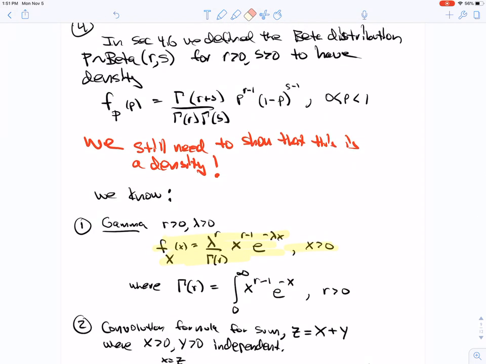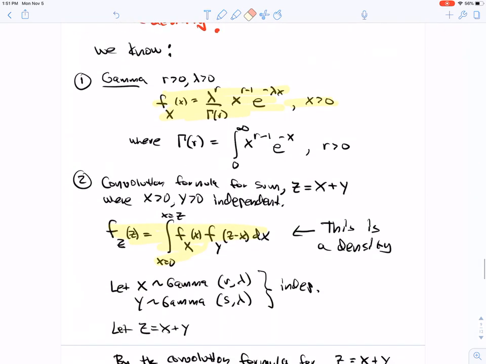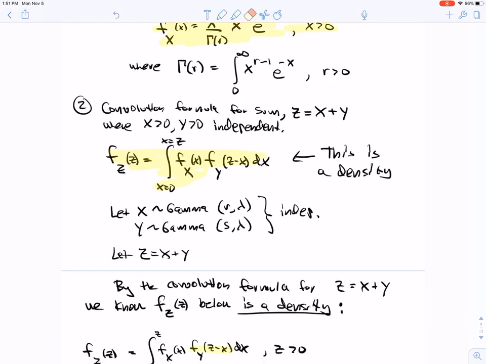Finally, we showed a clever argument that the formula for the density of beta is in fact a density. It does integrate to 1. We used a clever argument involving gamma and the convolution formula.